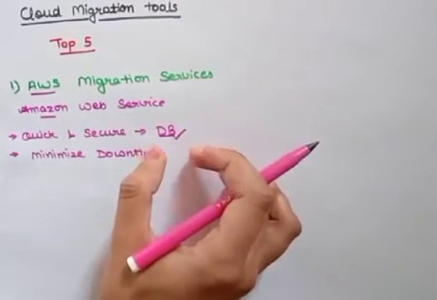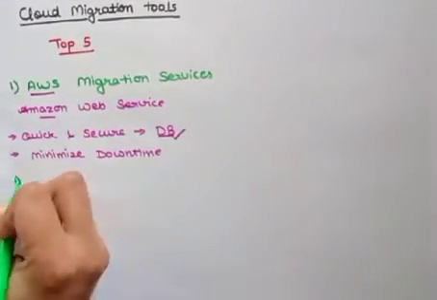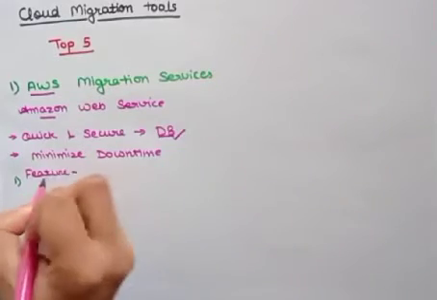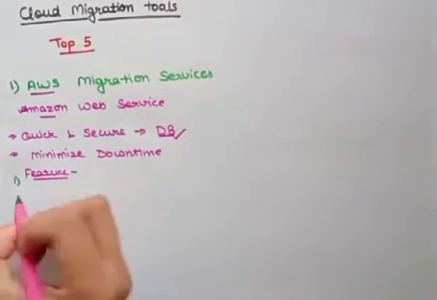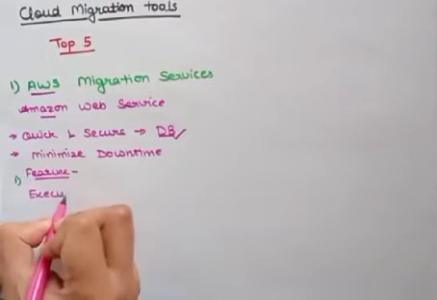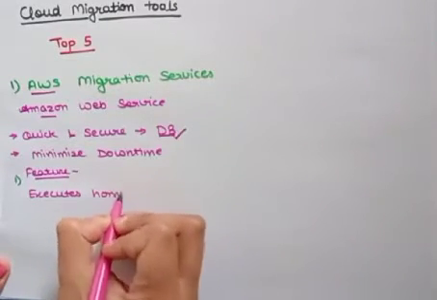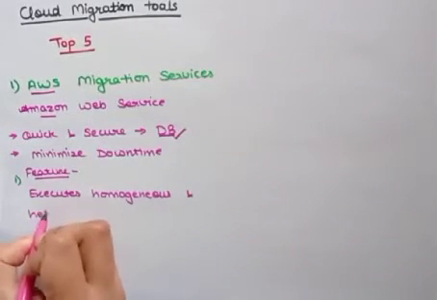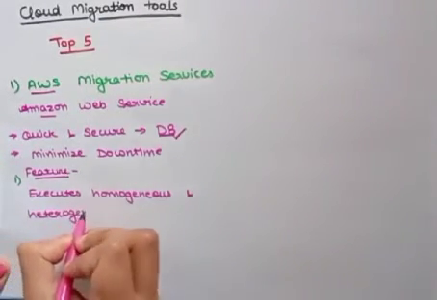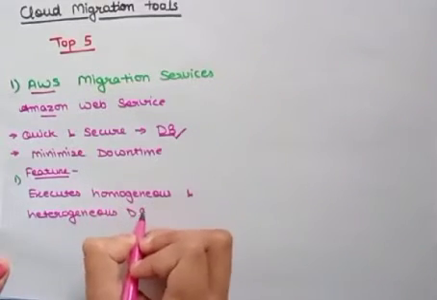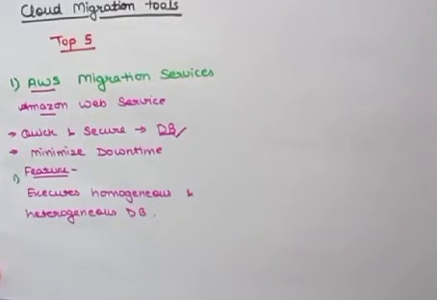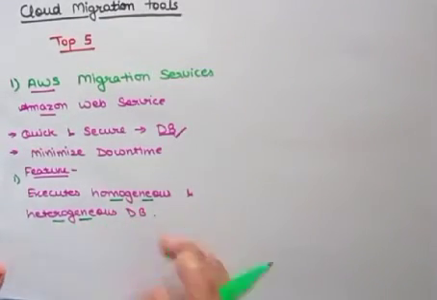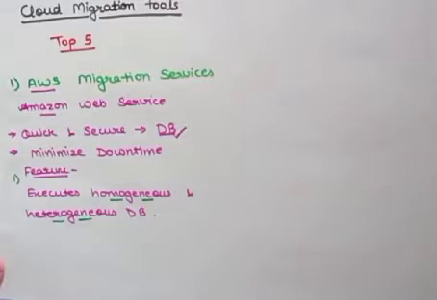So it has some features. Let's discuss. The first feature of the AWS tool is it executes homogeneous and heterogeneous database migrations. Okay, so that means we can migrate the same type of data and different types of data by using this particular tool.